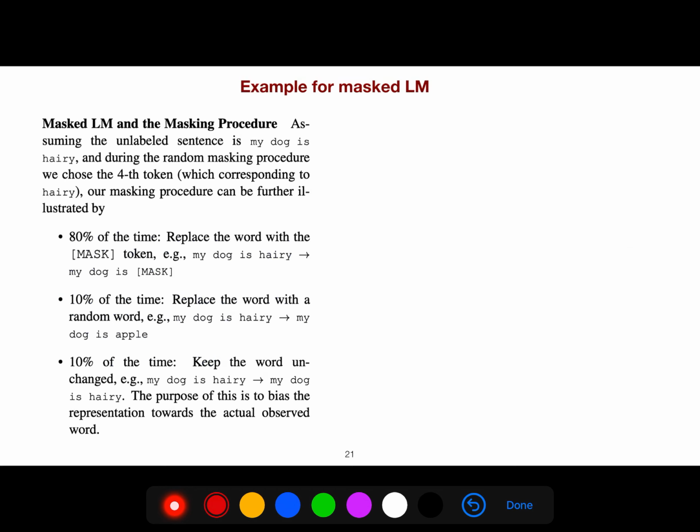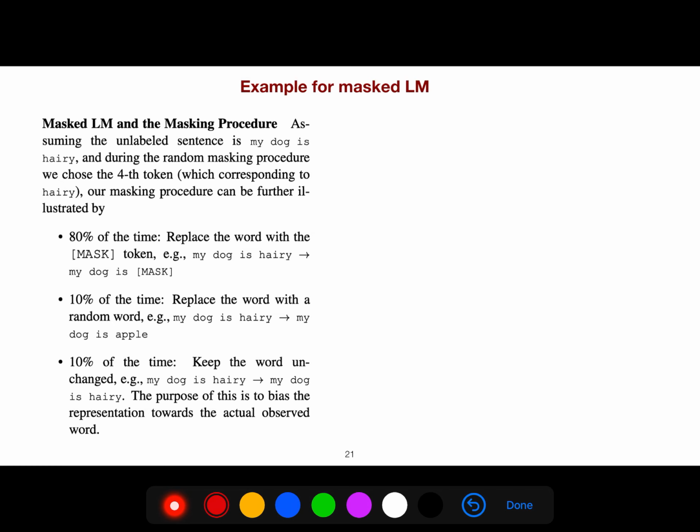An example of the masked language model, as I said: my dog is Harry. My dog is... we don't know what the next word is, and in a language model we want to know the next word. Even the many amazing things you see for story generation are all because of these incredible transformer architectures.